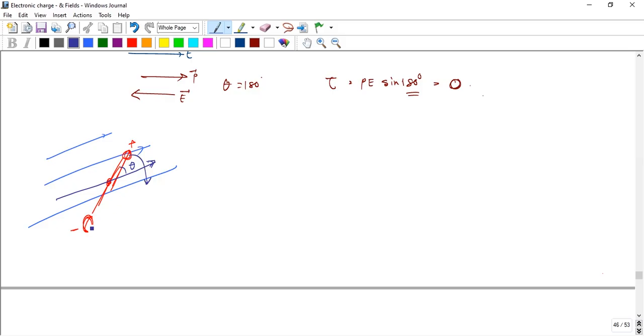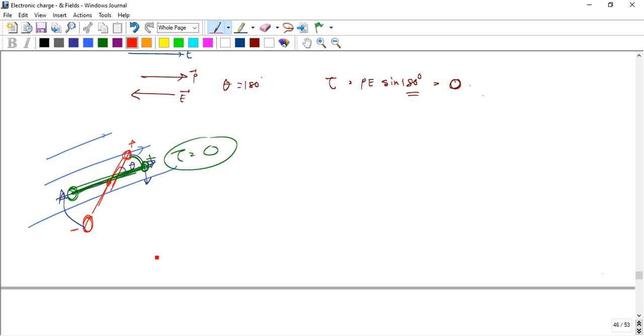If we call it clockwise rotation, when the plus charge goes here and the minus goes there, the dipole orients parallel to E, which means torque 0, so no rotation. It is just a slight move around the mean position.